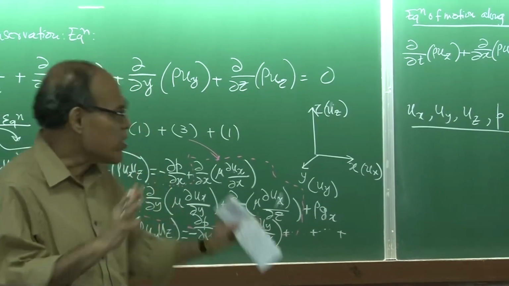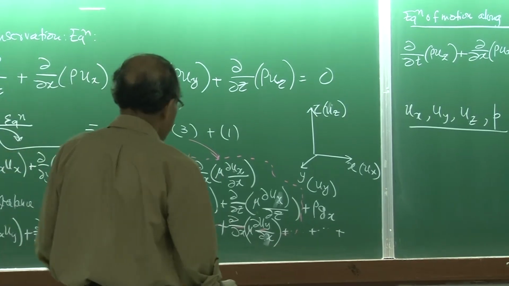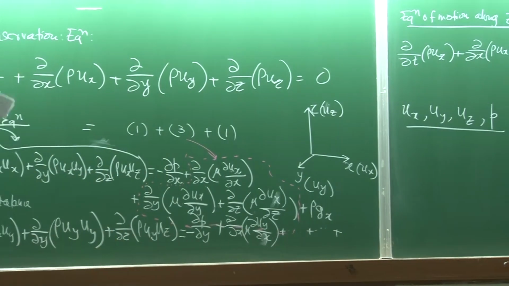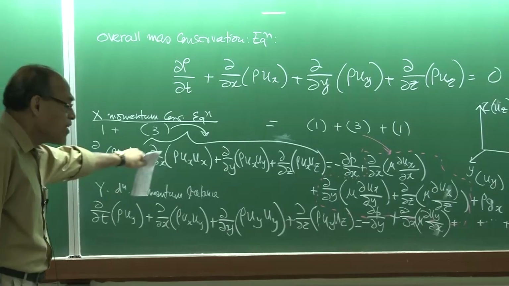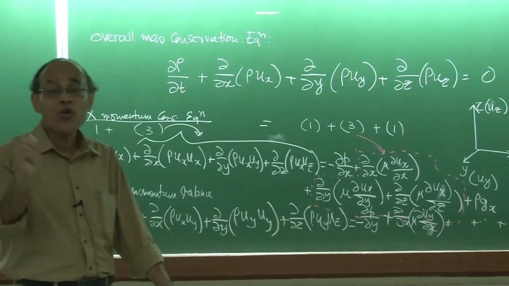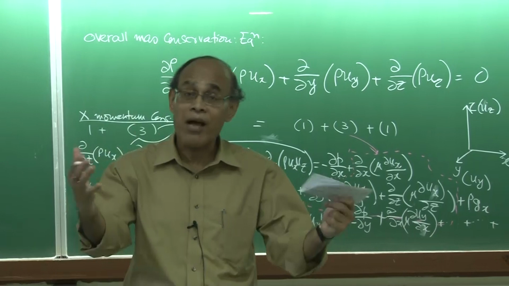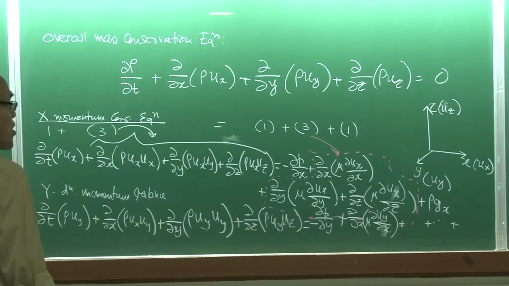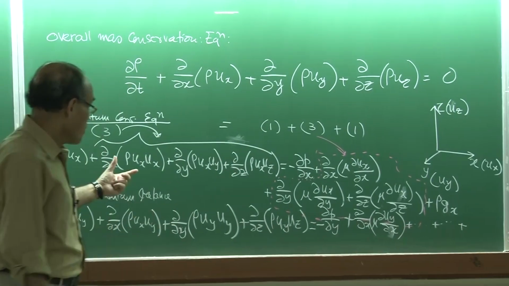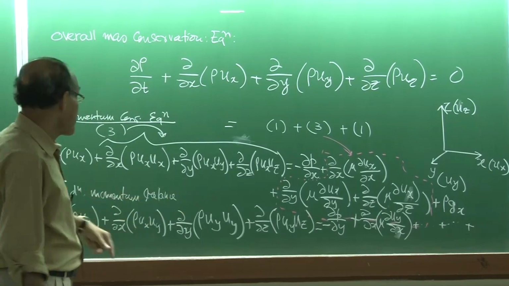No, as far as equations are concerned, it suffices that we have 4 equations and 4 unknowns, but these are differential equations, and we all know that when you integrate differential equations, we have constants of integration. So, we will need some boundary conditions and initial conditions.